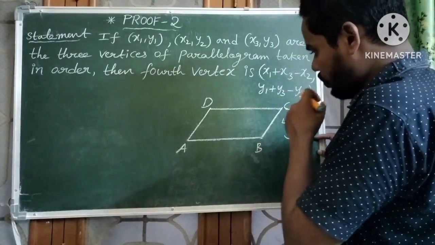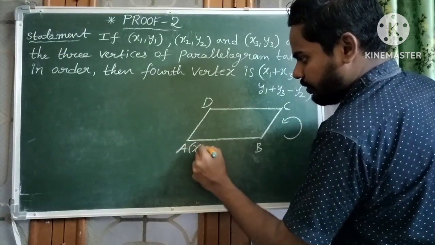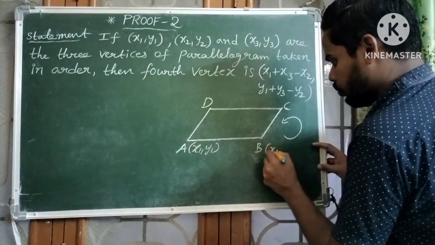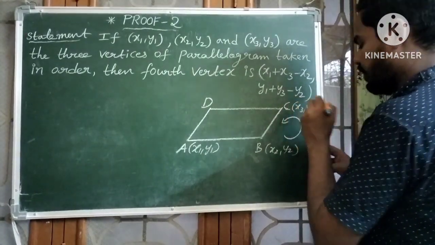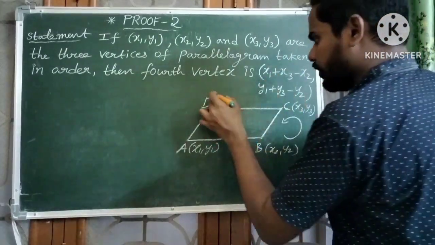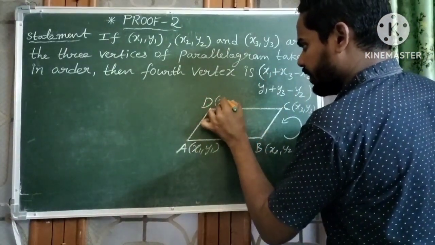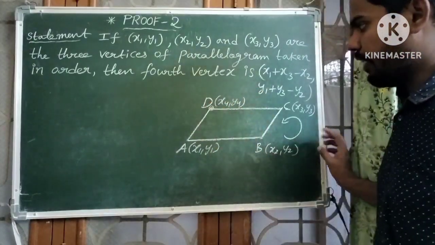Anyhow, here we are already given three vertices x1 y1, x2 y2 and vertex C x3 y3. Let us consider the coordinates of the fourth vertex as x4 comma y4.